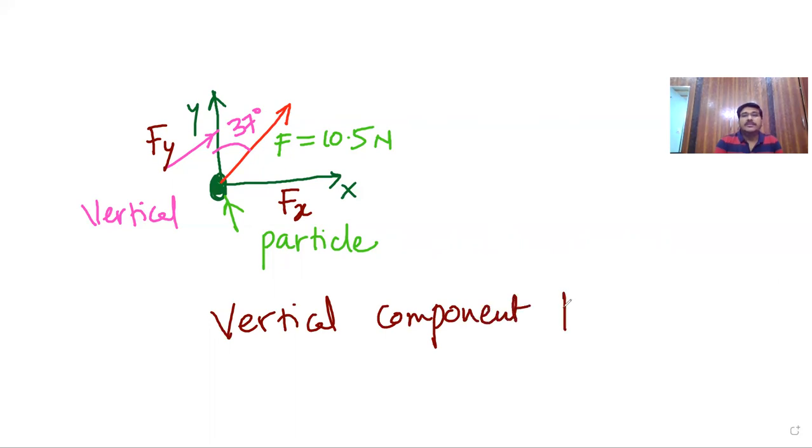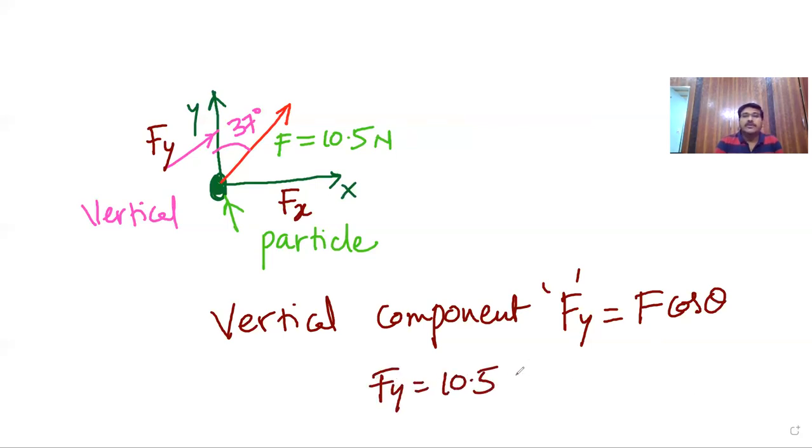In the previous session, I told you that whichever axis the force makes the angle with, that becomes cos. So it becomes F cos theta. F is 10.5, so Fy is 10.5 into cos of 37 degrees.